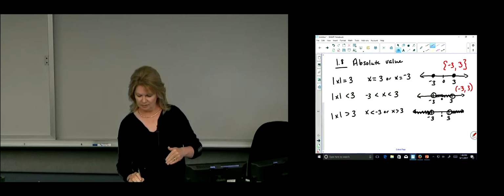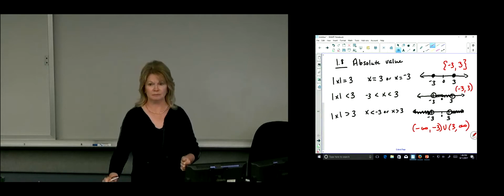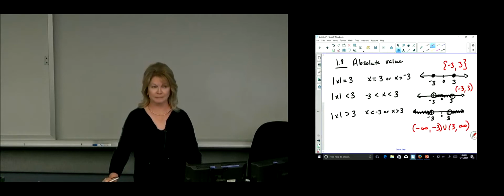And then this one down here would go from -infinity to -3, union from 3 to +infinity. So I just chose a specific number 3. That works with any value that they would give you, okay?